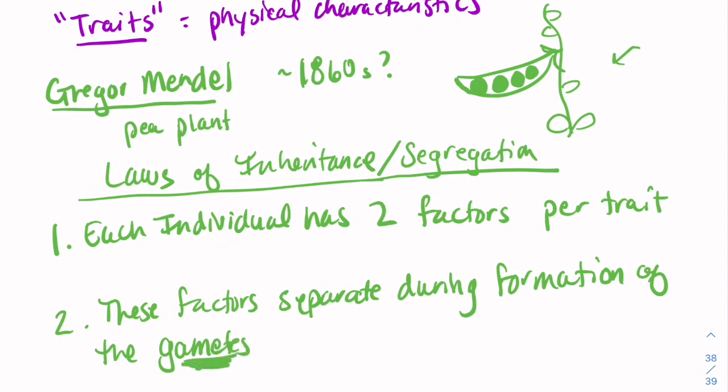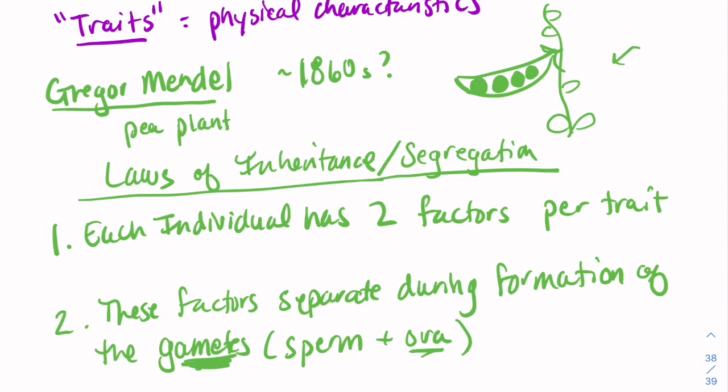Gametes refers to sex cells, sperm and ova. Ova is a more appropriate word than egg. Sperm and egg, sperm and ova. Think of it coming from the word ovary. Here we go.